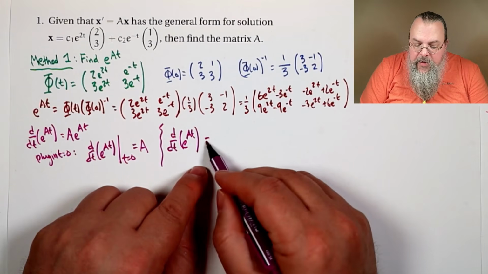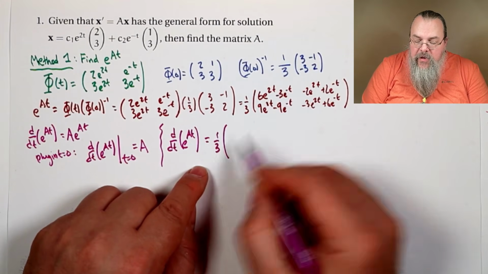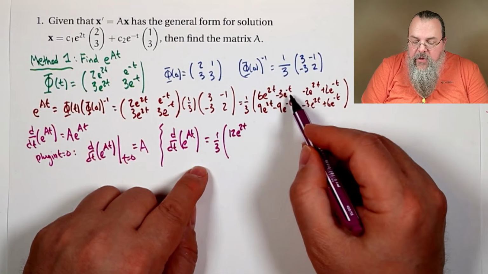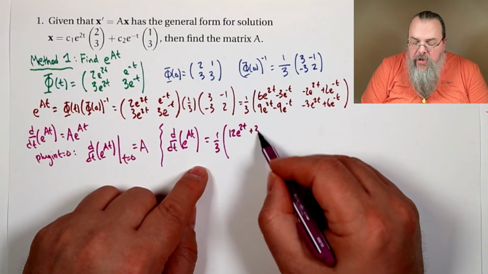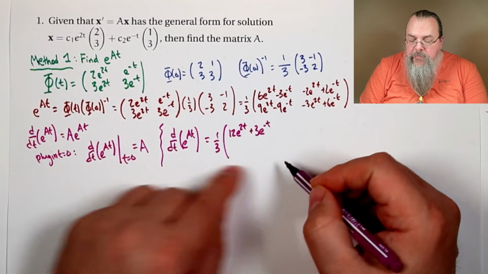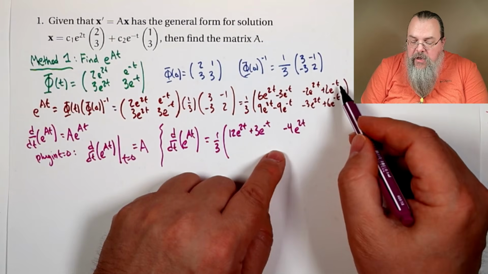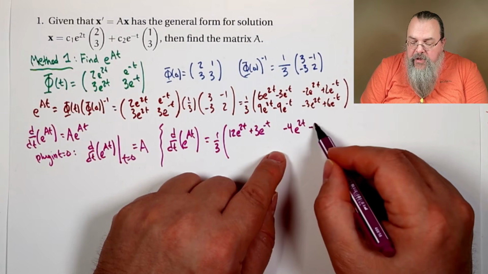So we have our 1/3. That stays out in front. Then we're going to get 12 e to the 2t plus 3 e to the minus t minus 4 e to the 2t, right? We're taking the derivative entry by entry.